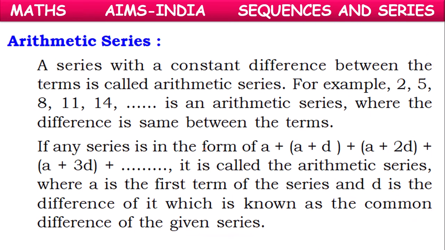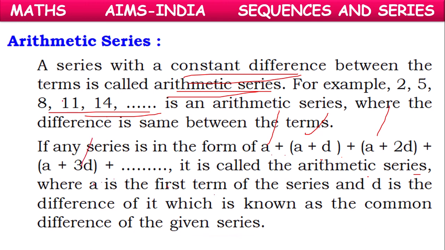So this series, because it has a constant difference, because it is an example of arithmetic series, will be in the form of A, A plus D, A plus 2D, A plus 3D, and so on.